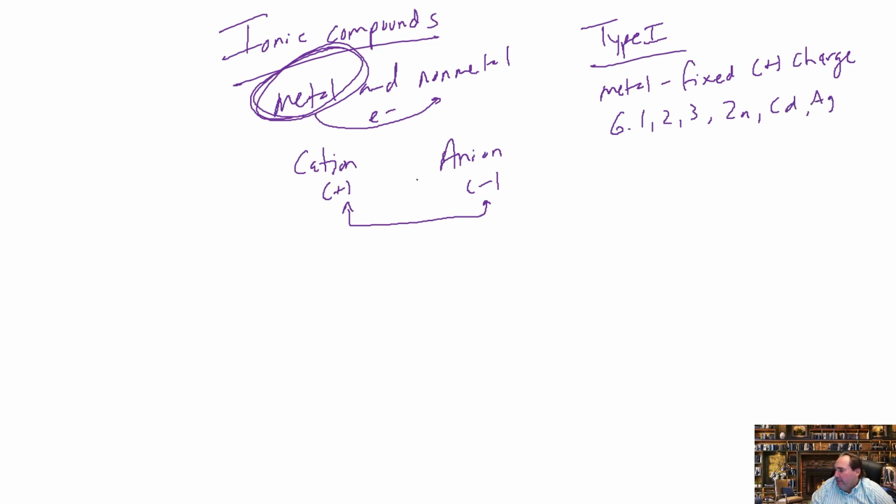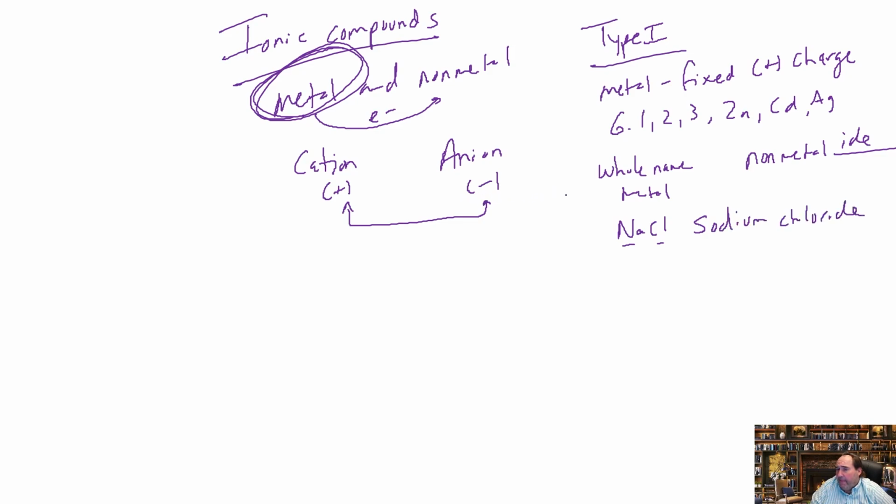So if you've got any of those metals with a non-metal, as we talked about, you're going to just use the whole name of the metal. The non-metal, again, gets the last part dropped off its name and -ide for the replacement. So again, that is something like sodium chloride, as we talked about. Sodium being group 1, which has a positive 1 charge, always fixed. We would just roll to sodium chloride.